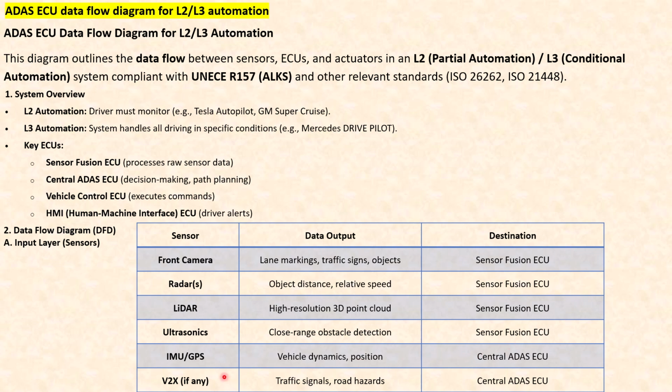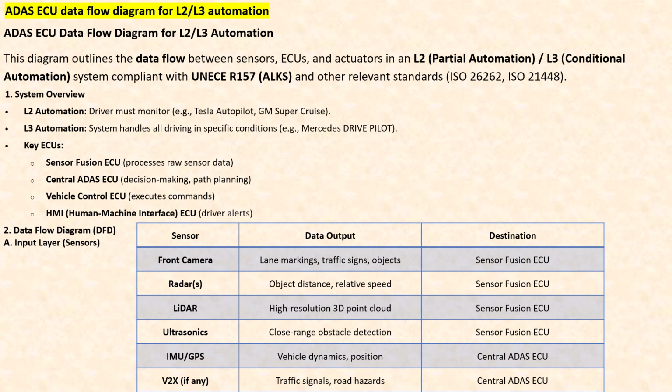Again, the next sensor is vehicle to everything integration: vehicle to pedestrian, vehicle to mobile, vehicle to vehicle. The data output is traffic signals, road hazards, construction zones, and nearby vehicles at the T intersection. All these are the data output, and again the destination is the central ADAS ECU.